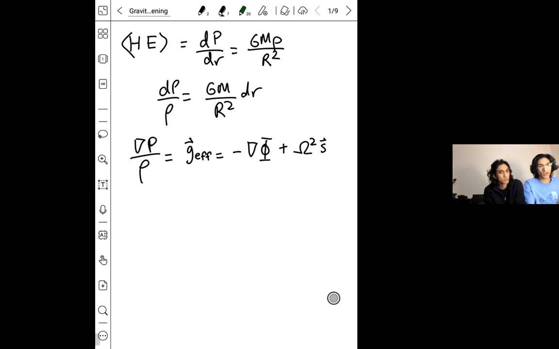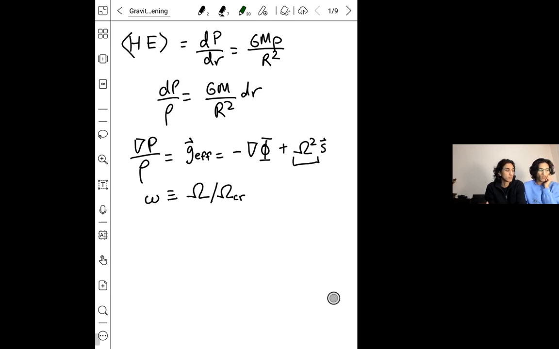So the first thing we did in our paper was try to rewrite this centrifugal force term to make it easier to describe. The way we did that was to express this rotation element as a dimensionless value, omega, which is a value from 0 to 1, defined as the rotation rate of a star divided by the critical rotation rate.